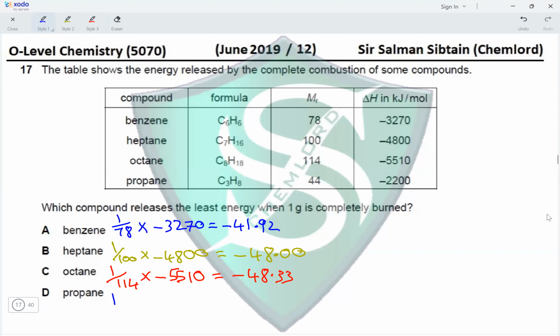So we will calculate 1 upon 44 and multiply this by the energy value given, minus 2200. This gives us an energy value of minus 50 kilojoules. So as we can see, the option with the lowest value of the energy released is negative 41.92, making option A the correct option for this question.